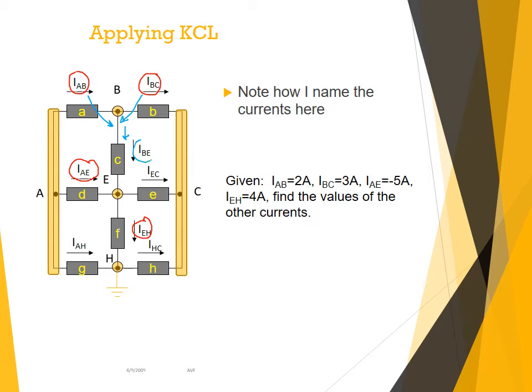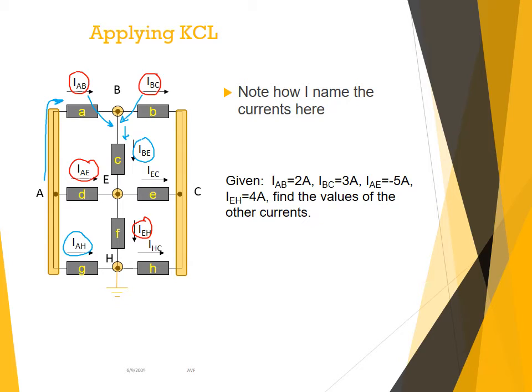Okay, I have IAE, IBE, IBC, and I also have, let's not forget, IAB. So IAB is the current that's going up through here and through this branch. So I have IAB and IAE. That will allow me to calculate IAH. So now I also have IAH.